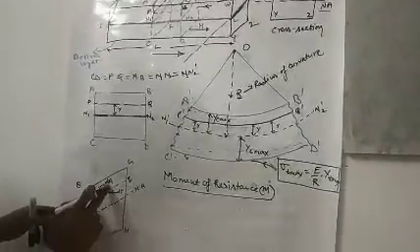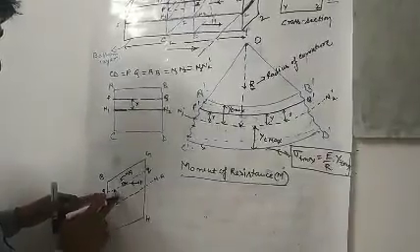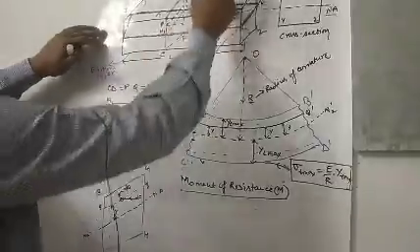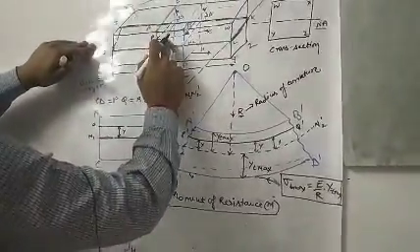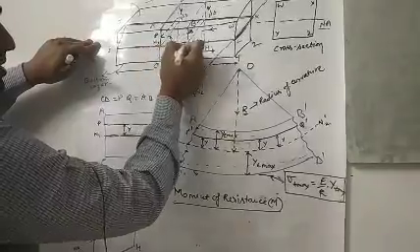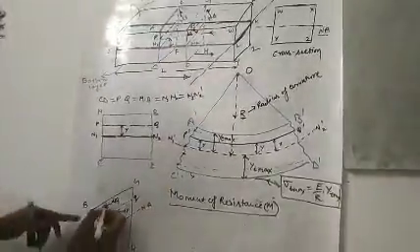And consider a small elemental area dA at distance y from the neutral axis. Because this layer is throughout the beam, this layer is at distance y from the neutral axis of the beam, right? Clear?